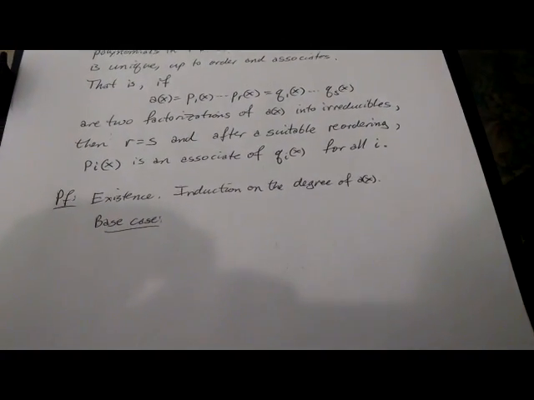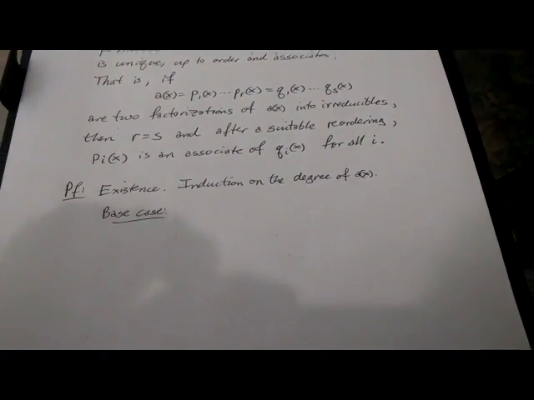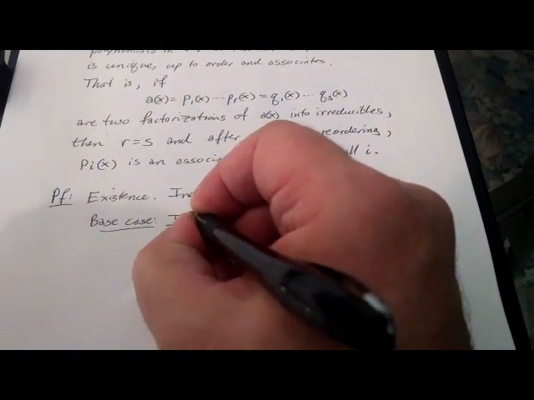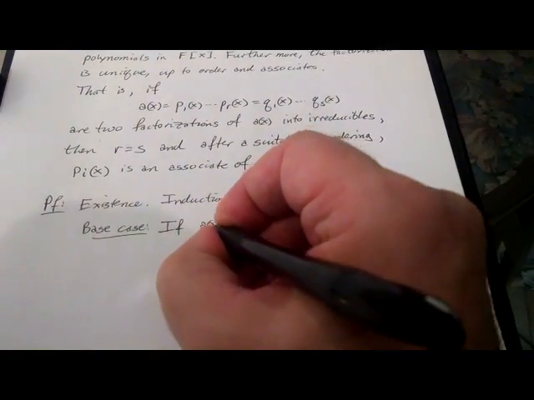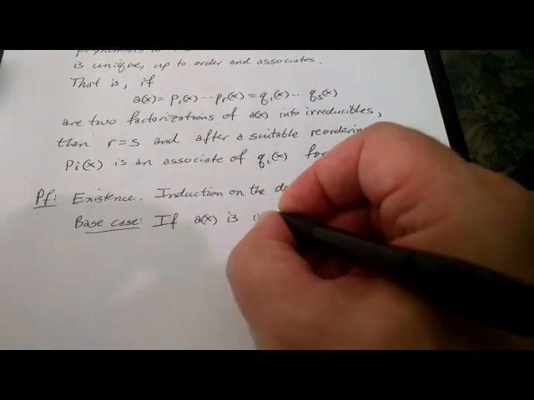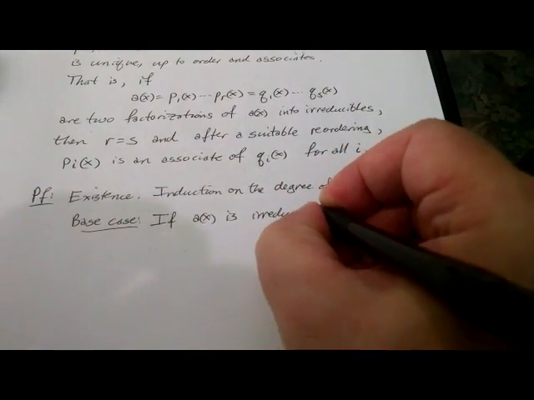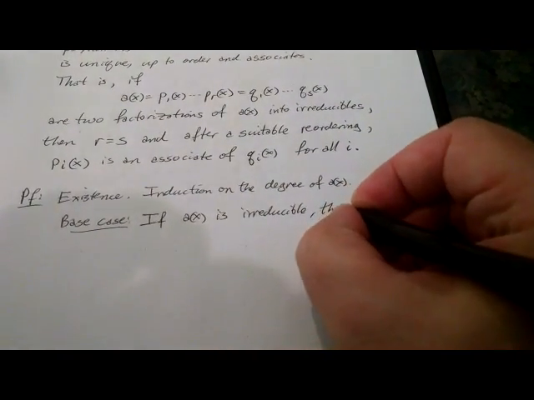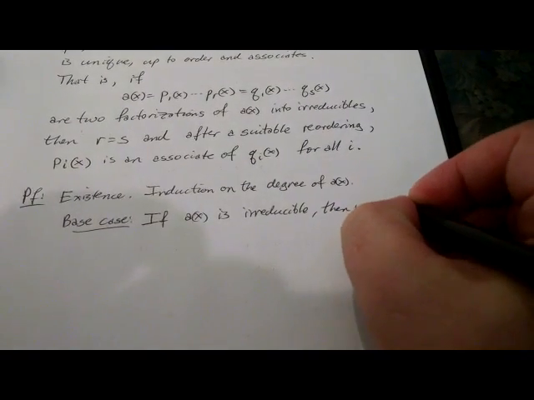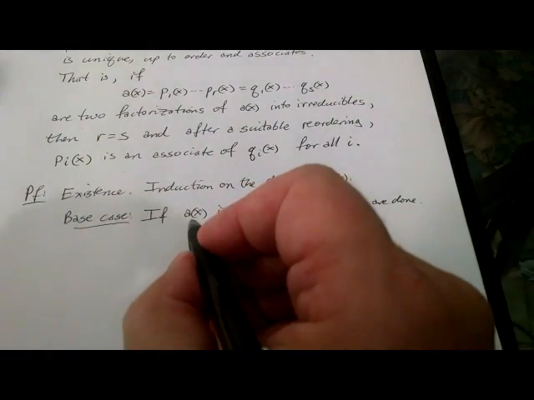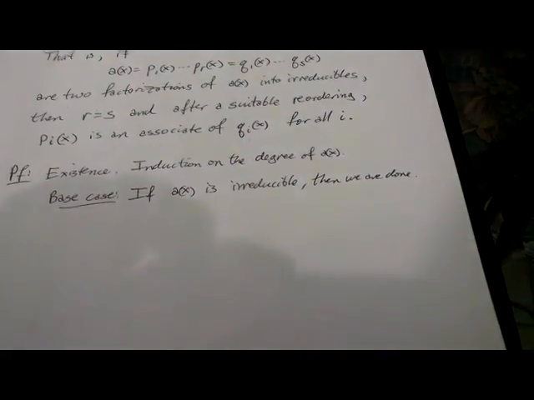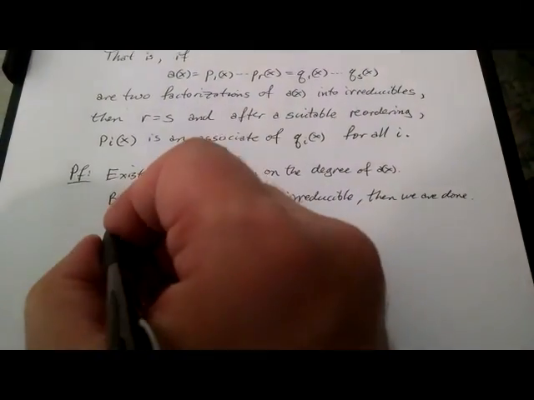Our base case instead is if it's irreducible. So if a of x is irreducible, then we are done, because a of x is itself already written as a product of irreducible polynomials.